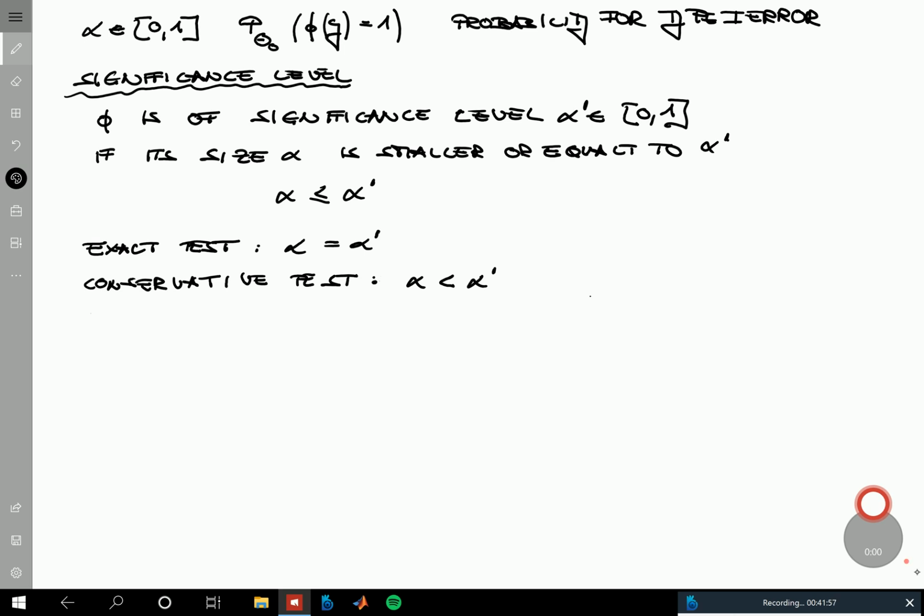The last thing is the notion of a liberal test, which is not even of significance level alpha prime, so that would be if the test error probability is actually larger than your significance level.